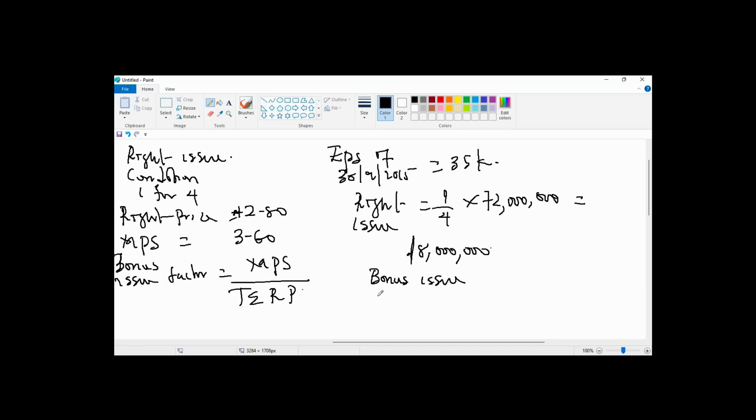The bonus issue factor is the market price per share over the theoretical ex-rights price.